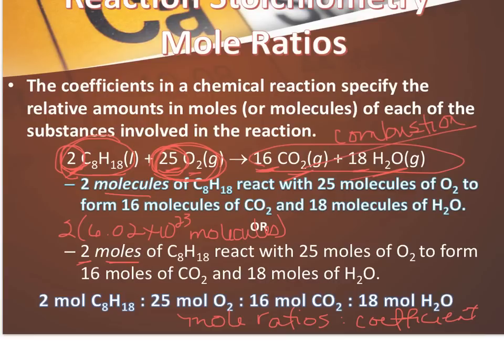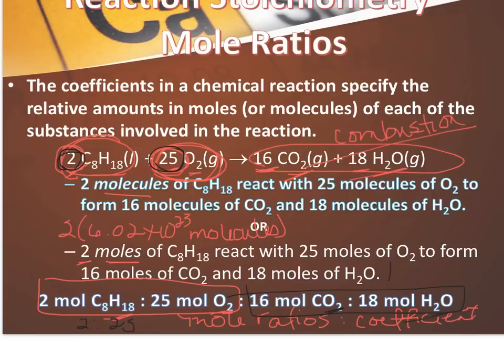If I asked you, for example, what is the mole ratio between octane and oxygen, you would simply go to the balanced reaction and say the mole ratio of octane to oxygen is 2 to 25. You just go to those substances, look at the coefficients, and you get the mole ratio. What is the mole ratio of carbon dioxide to water in this reaction?